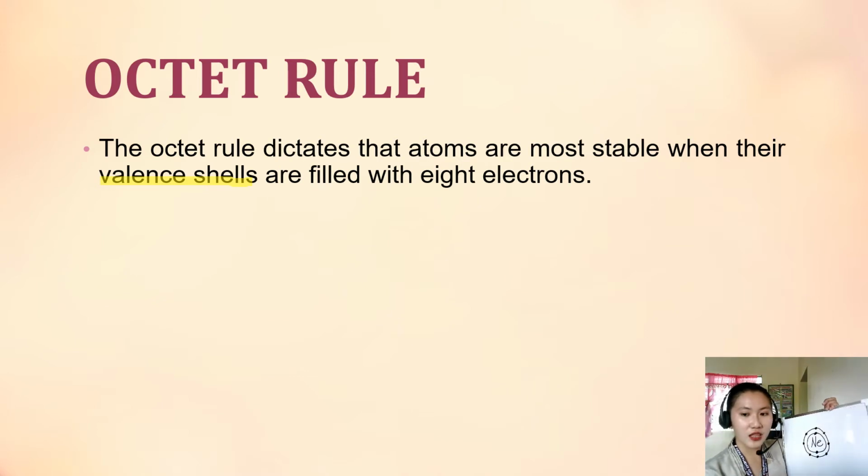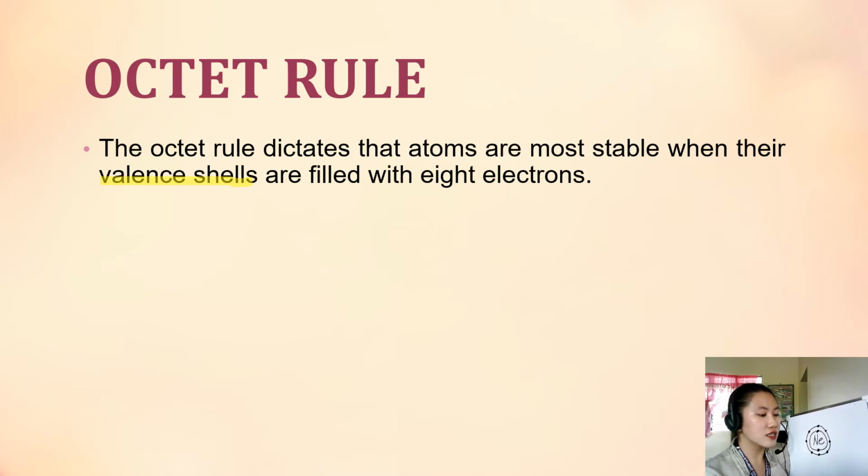This ring, these are what we call the shells. According to the octet rule, kinakailangan sa first shell ay meron lamang 2 electrons. And on the next shell until the 7th shell, kinakailangan na meron siyang 8 electrons para makaproceed to another shell.